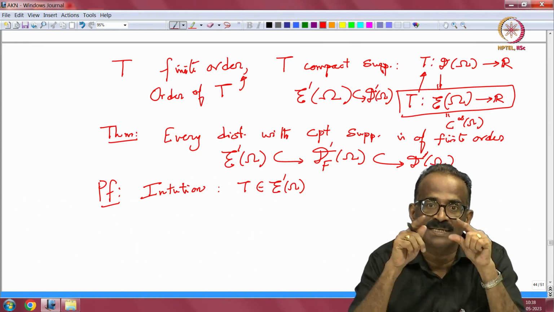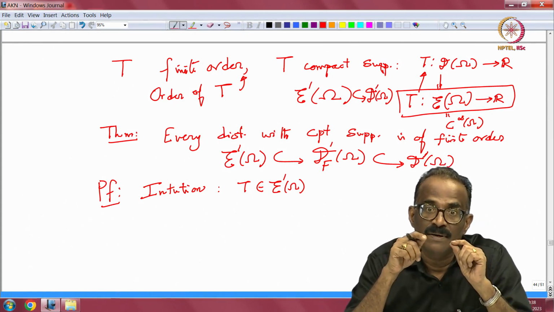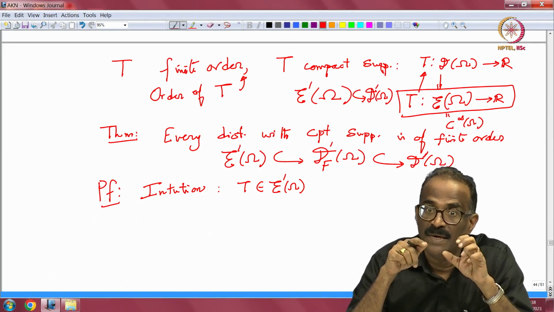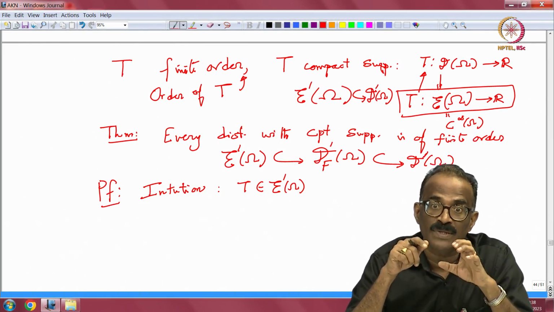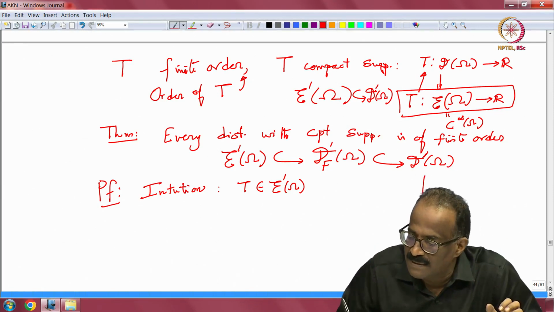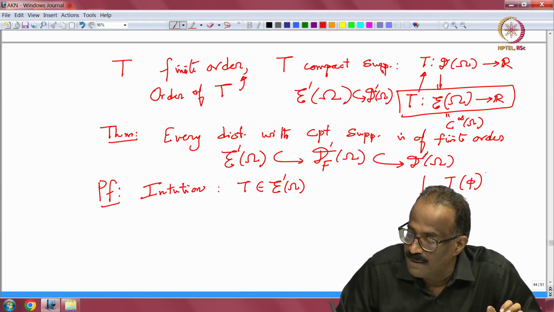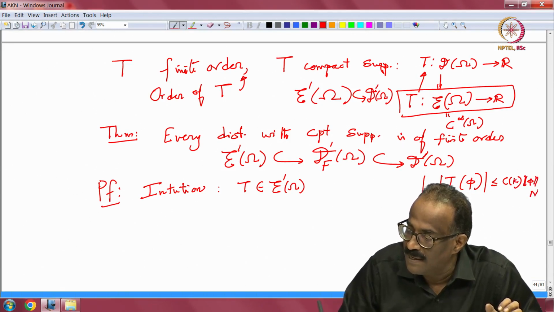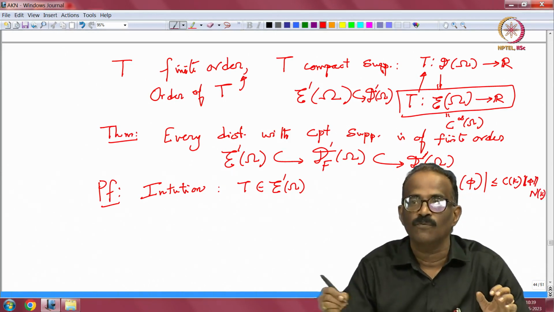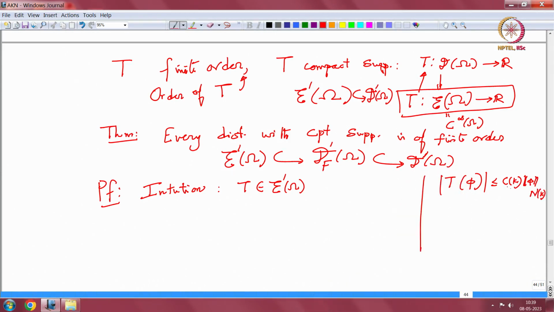A distribution has a continuity estimate: for every distribution T, T of phi is bounded by some constant, which depends on a compact set K, times the norm of phi, where the order n_K depends on K. This is true for all phi with support in K. So, for every K there is a continuity estimate.